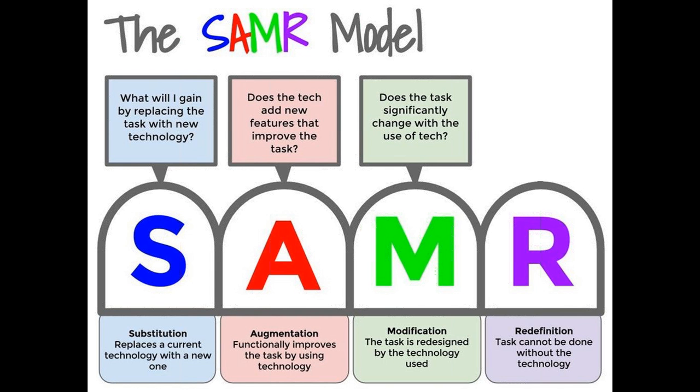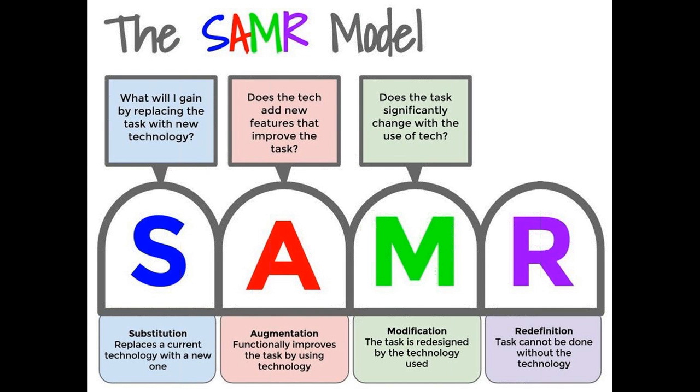At this level, the guiding question that typically drives this level of technology integration is, what can I gain by replacing the task with the new technology? There's no functional change to the teaching and learning itself. Essentially, at this level, we're replacing an old tool with a new tool.